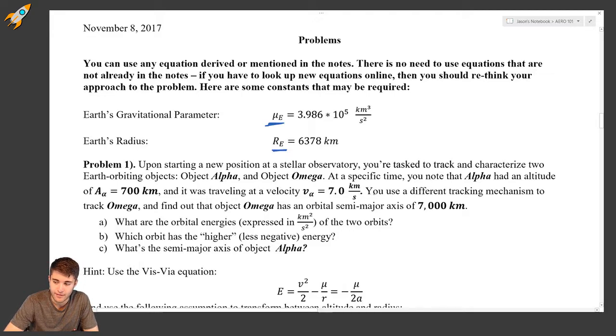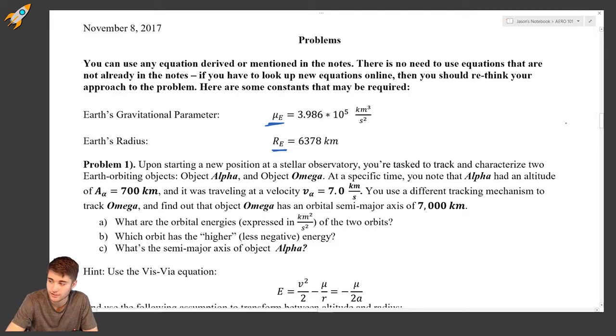Then you use a different tracking mechanism to look at omega. We know that omega has an orbital semi-major axis of 7,000 kilometers, and that's all we know about it. So what are the orbital energies, expressed in square kilometers per square second, of the 2 orbits?